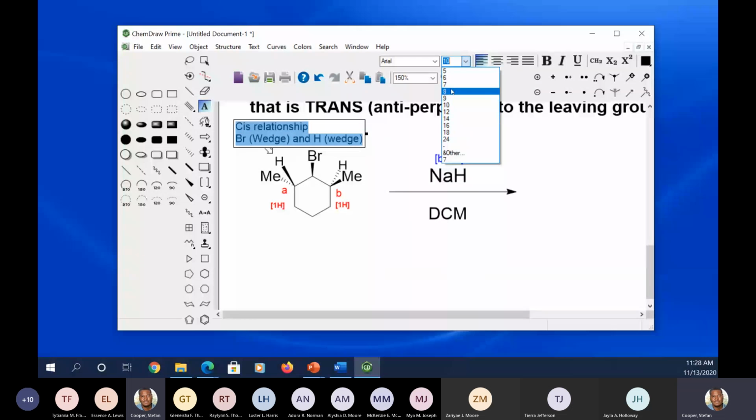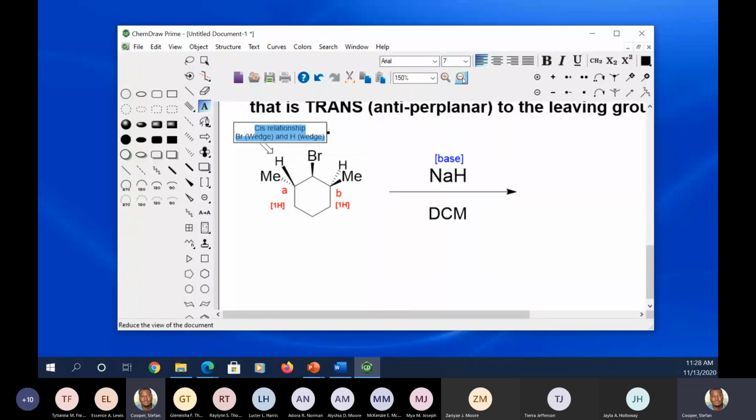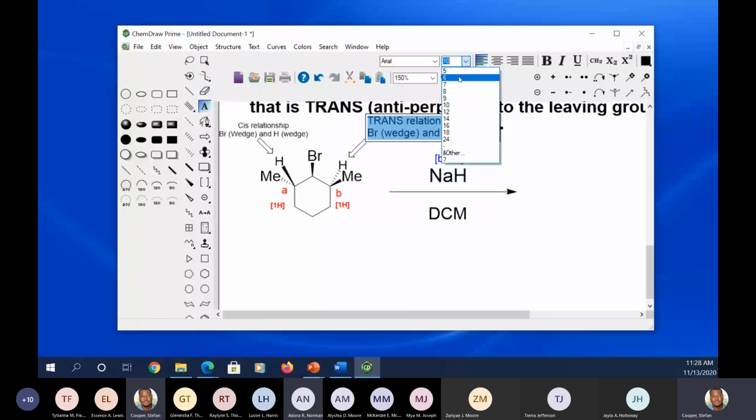No. That's not the relationship that we needed, right? What about on the opposite side? What's going on here? That's my trans relationship, right? The bromine is wedge and the H is dash, opposite each other. So now it has the correct relationship to be removed.